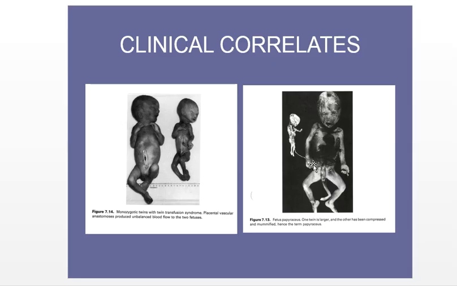In this condition, placental vascular anastomoses, which occur in a balanced arrangement in most monochorionic placentas, are formed so that one twin receives most of the blood flow and the flow to the other is compromised. As a result, one twin is larger than the other. The outcome is poor, with death of both twins occurring in 50% to 20% of cases.